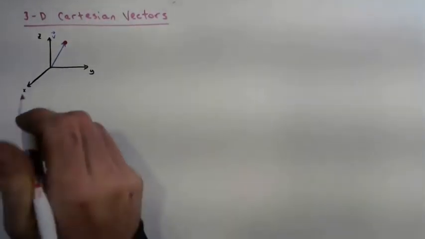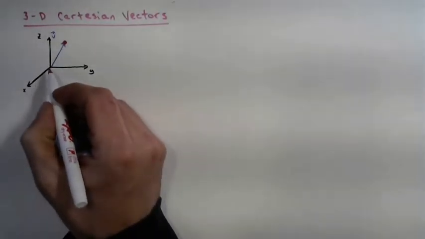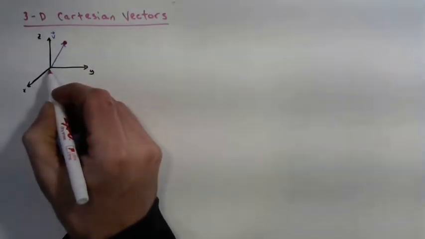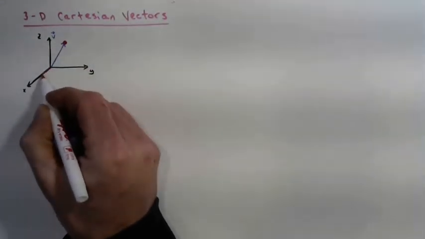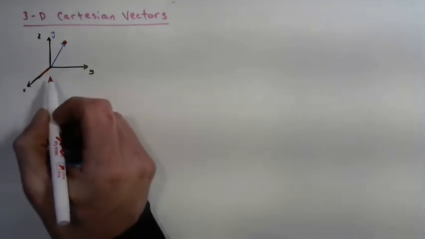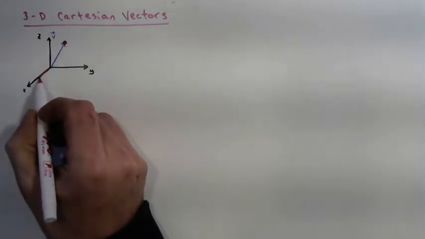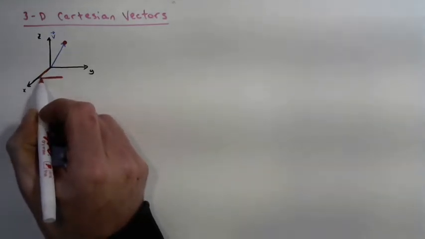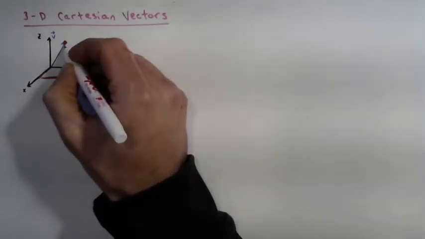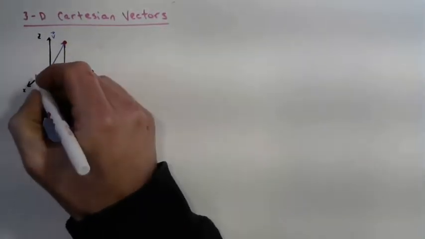So what does that look like? Well, that just means that point P can be found by going some amount in the x direction, some amount in the y direction, and some amount in the z direction, okay?